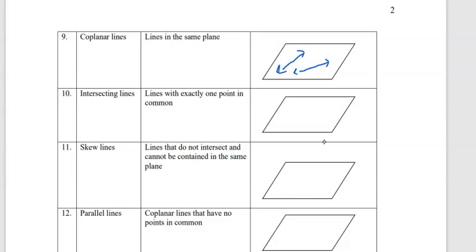But like right here, if these lines keep going, you will see that they will intersect at some point. But that's not the point of this definition. The point of this definition is lines that are in the same plane. And so here I have two lines that are in the same plane. And so we call those coplanar lines, lines within the same plane.